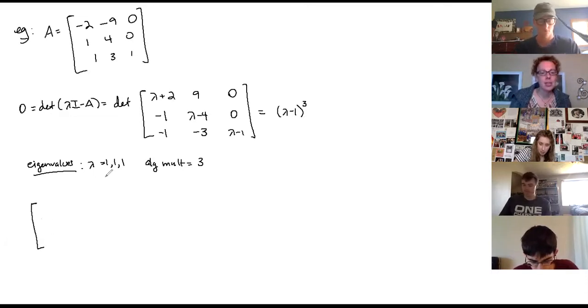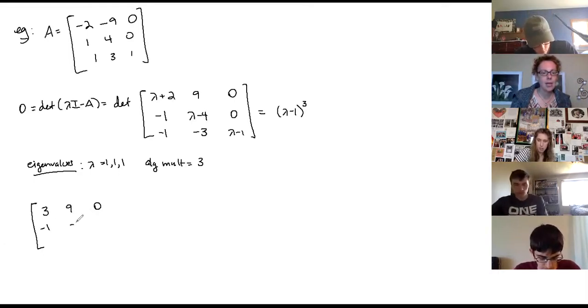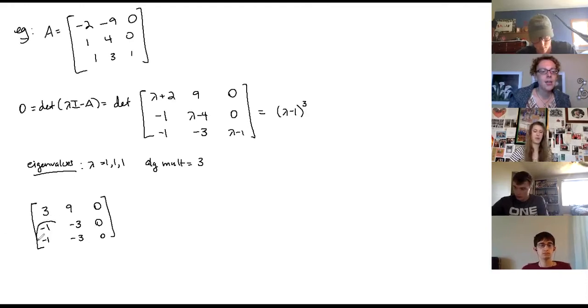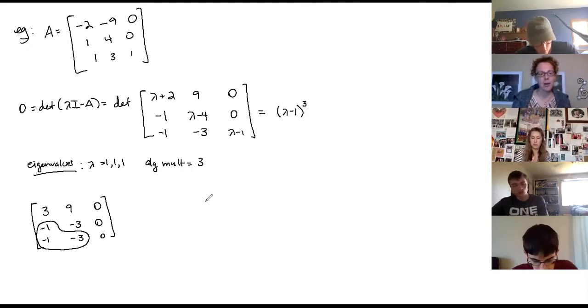So here's my matrix, if I plug in 1: 3, 9, 0, -1, -3, 0, -1, -3, 0. The entries that I need to zero out are the -1, the -1, and the -3, in the bottom.